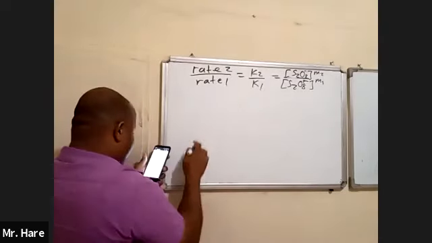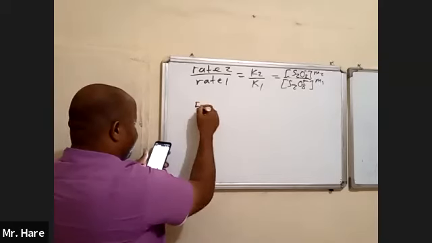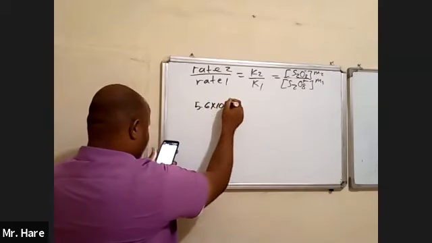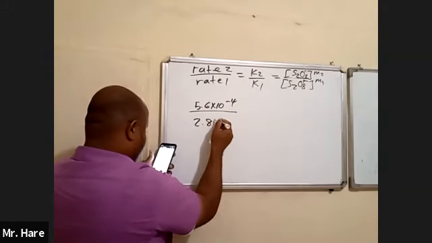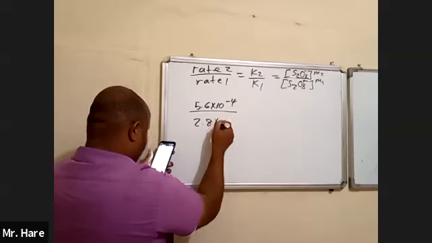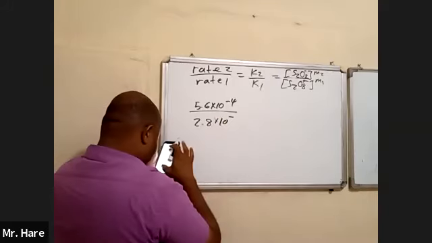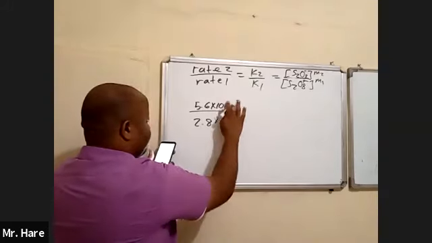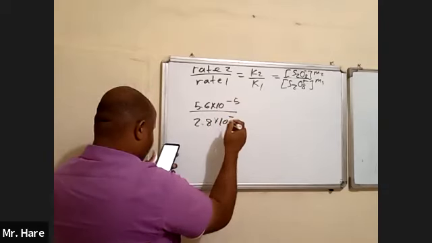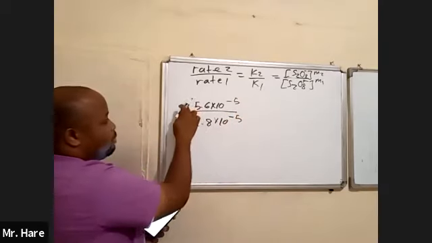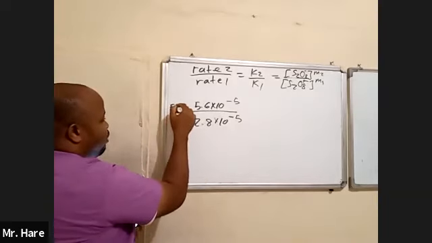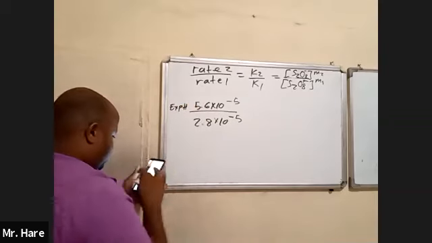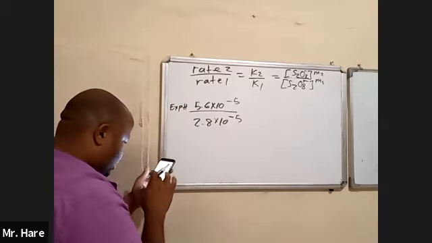So rate 2 from experiment 3 is 5.6 times 10 to the negative 4. Rate 1 is 2.8 times 10 to the negative 5. So that is rate 2, rate 1. What we are doing is dividing experiment number 3 by experiment number 2.